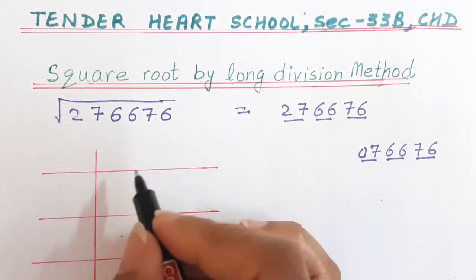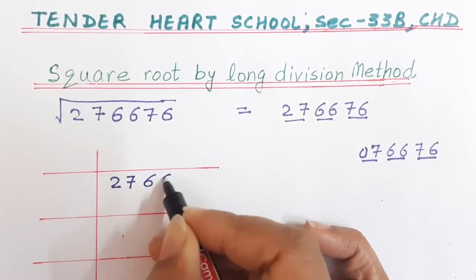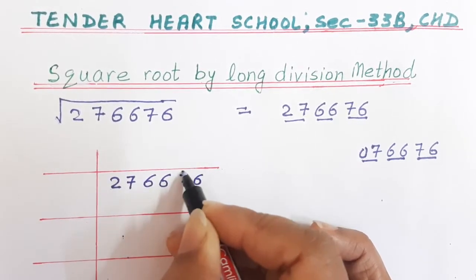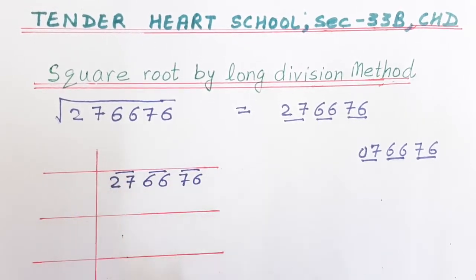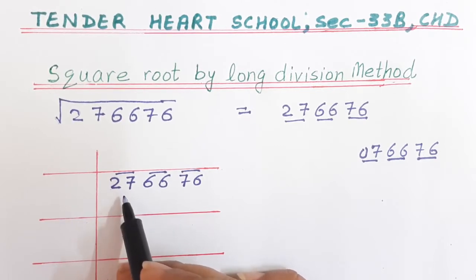Now, let us write this number here in pairs and then we will start the steps. After making them in pairs, in step number 1, take the first pair, that is 27, and find the largest whole number which when multiplied by itself gives 27 or just less than 27.